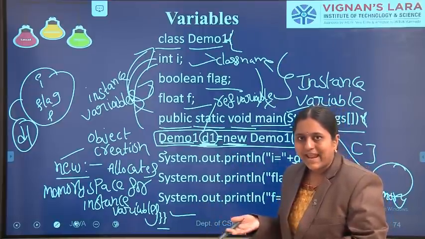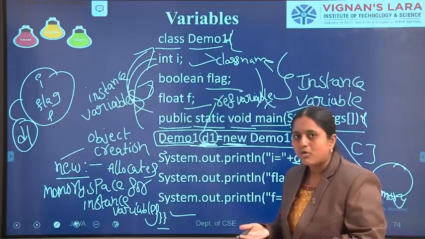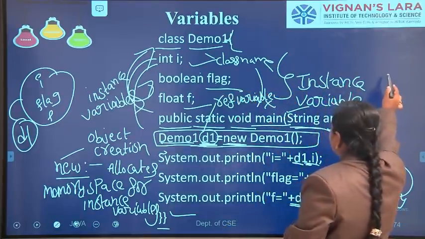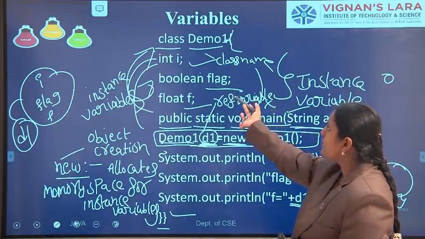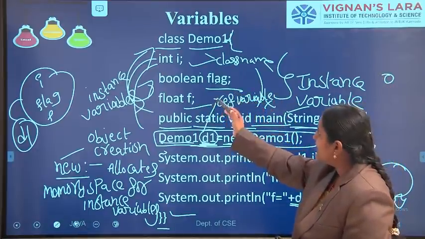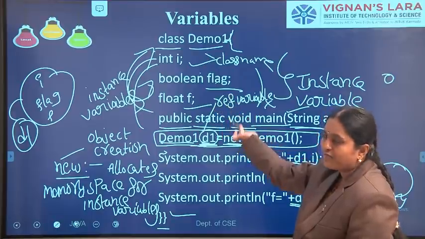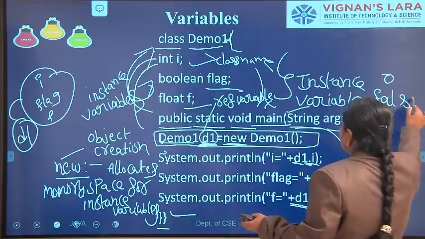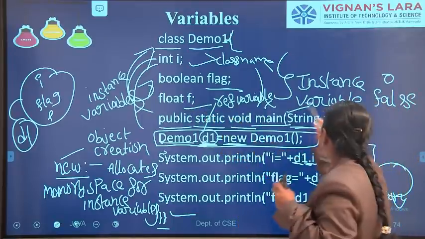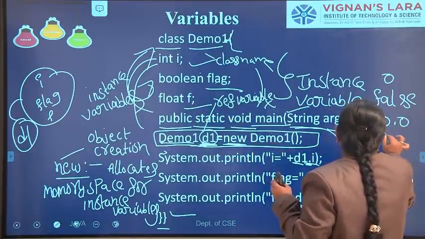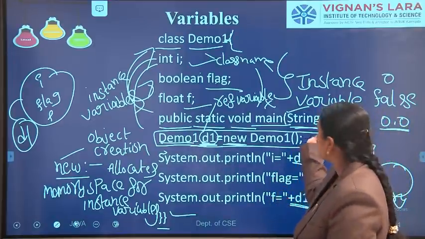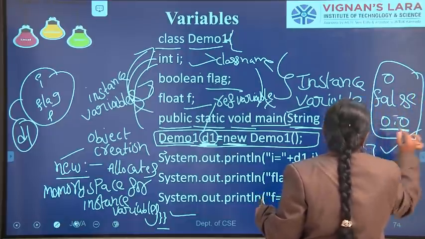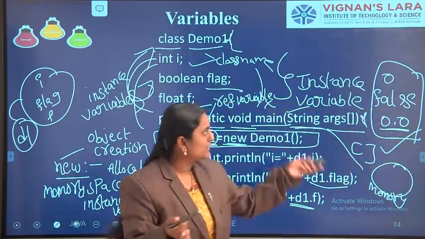The default value of the integer data type is 0. The default value of the boolean flag, which represents true or false, is false. The default value of the float data type is 0.0. So this is the output of your program.